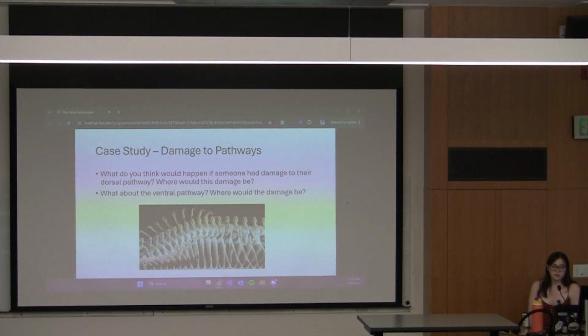This type of damage, actually, did anybody have an idea for where it would be? So remember, dorsal is like the top, like you have to imagine a fin on a dolphin. Yeah?